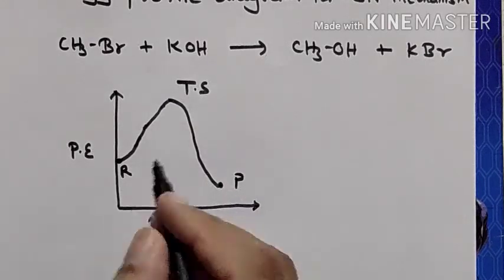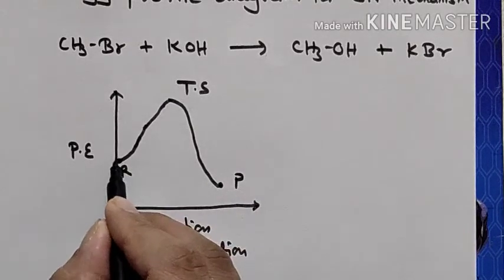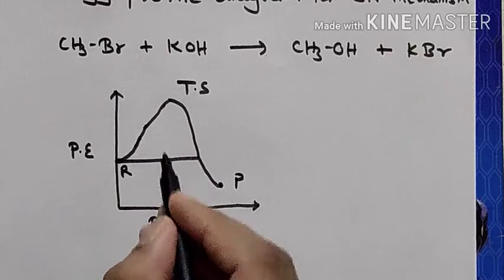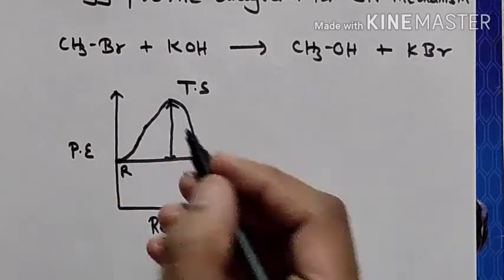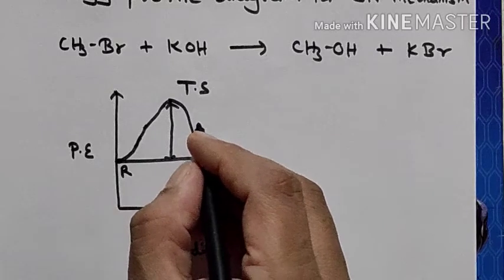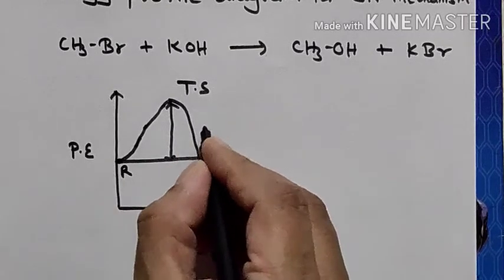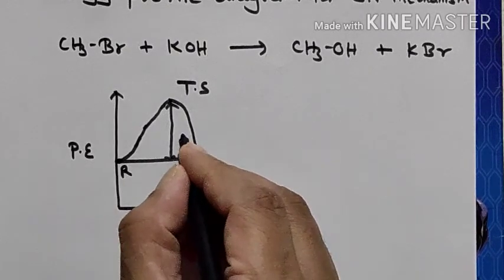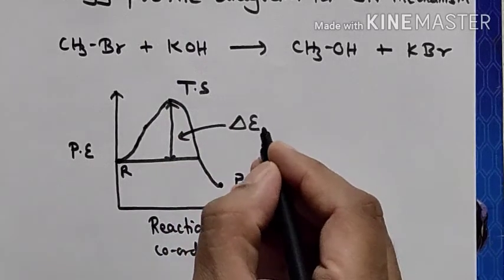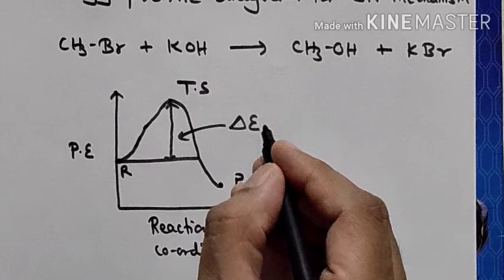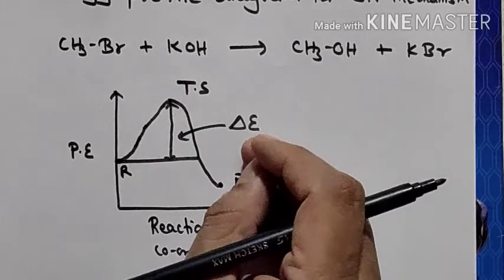Okay, and this difference in the energy of the reactant and the transition state, this difference we call delta E, and this is nothing but the energy of activation. What is energy of activation?